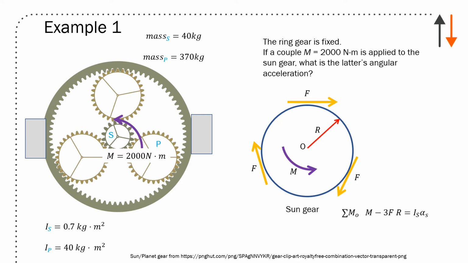I'm going to assume, and I should have put this in here, counterclockwise is positive, and my x, y directions. So I have the moment which is positive, and all of the planet gears have a force that's opposing motion, so it's 3F times R, and the moment of inertia times the angular acceleration of the gear.